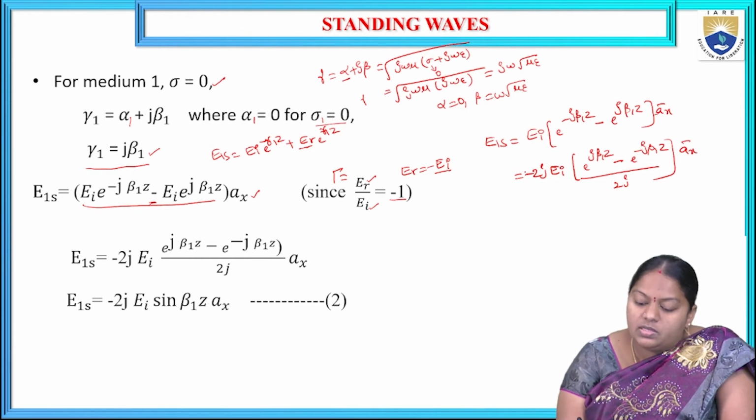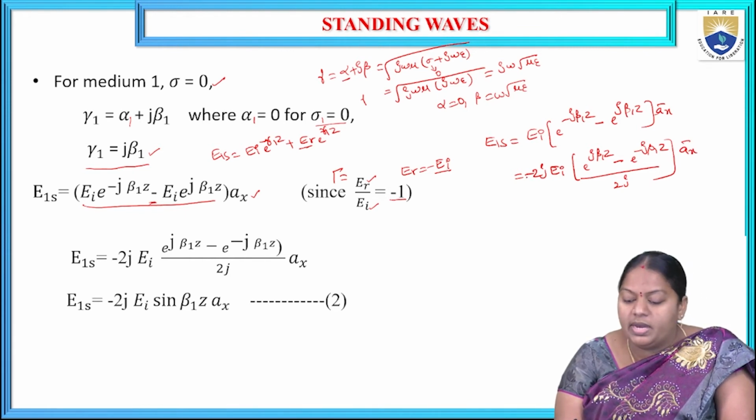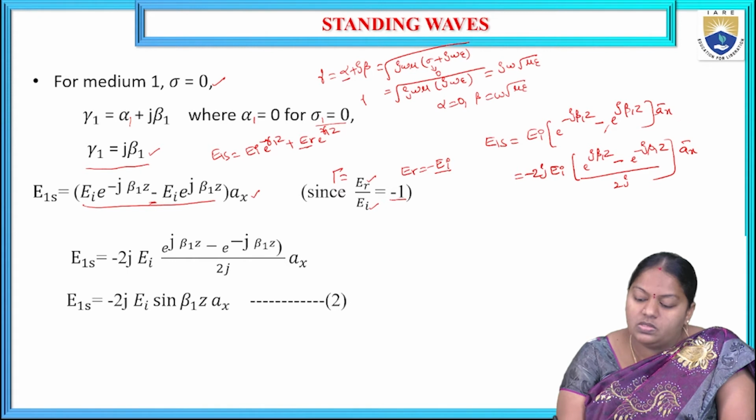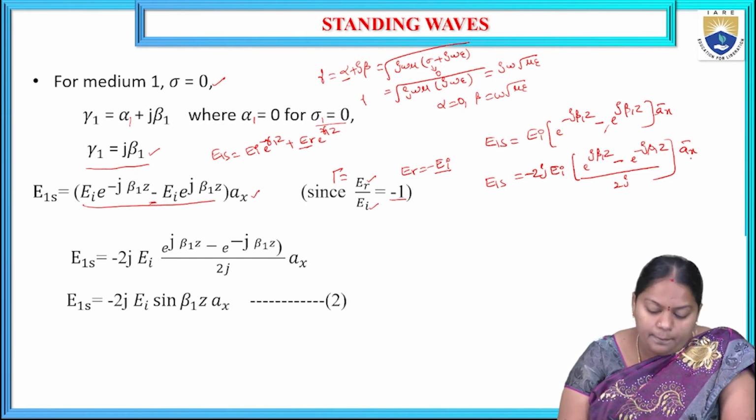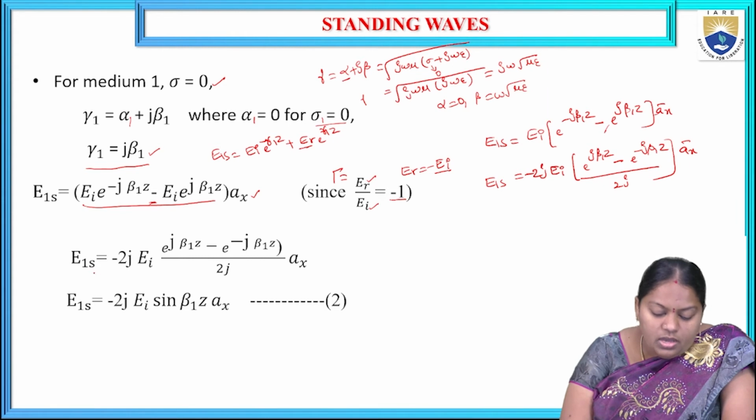If you multiply the minus with the inner function, minus into plus becomes minus, and minus into minus becomes plus. Then if you cancel this 2j and this 2j, it becomes the previous statement only. So E1s is equal to minus 2j EI (e^(jβ1z) minus e^(-jβ1z)) by 2j into ax. This is the statement we have got.